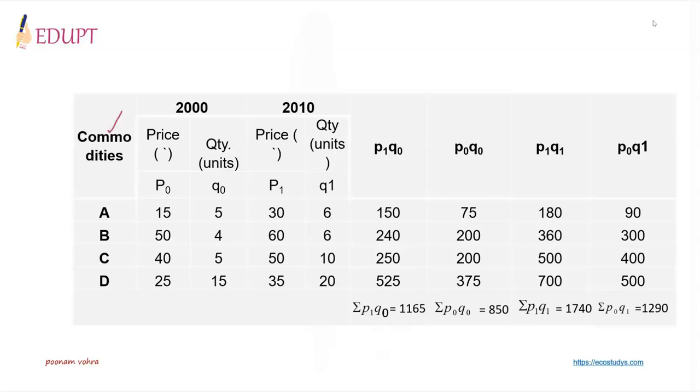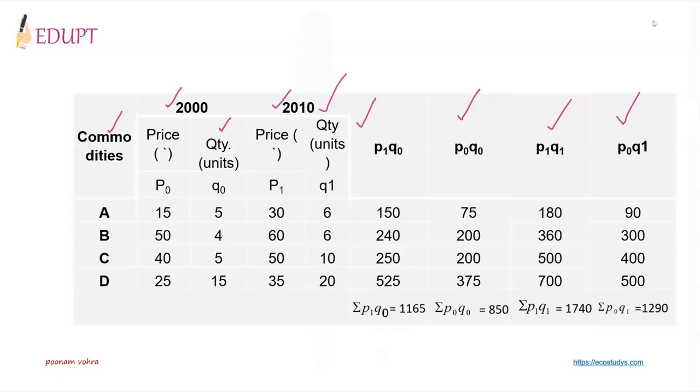One is commodities, then column 2, prices that existed in 2000, quantities sold in 2000, then prices that existed in 2010, quantities sold in 2010, then you need to find P1 Q0, P0 Q0, P1 Q1 and P0 Q1, where P0 is prices that exist in the base year, Q0 is quantities sold in the base year, P1 is prices of the current year and Q1 is quantities of the current year.